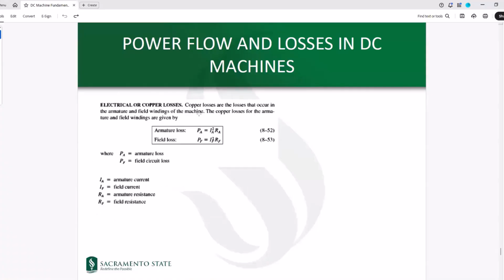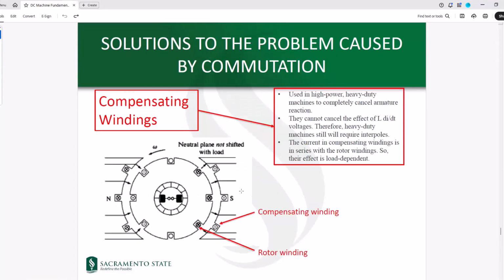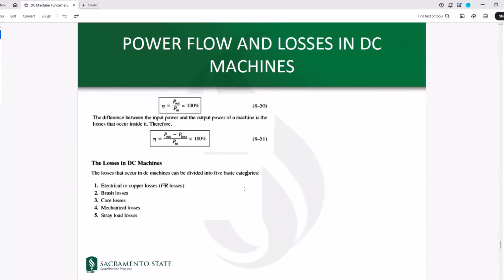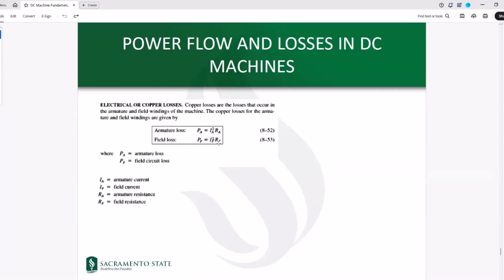The electrical or copper losses can be associated with the armature. So if RA is the overall resistance of the armature, and IA is the current inside the armature windings, the PA or armature loss would be RA IA squared. In most cases, the field is going to be created on the stator using an external winding. So that winding has its own resistance of RF, and its own current going through it. So that would be the field losses.